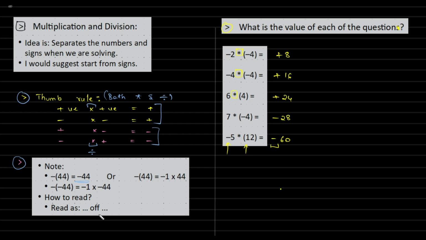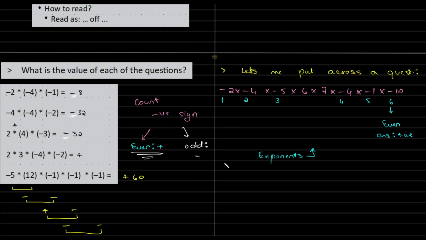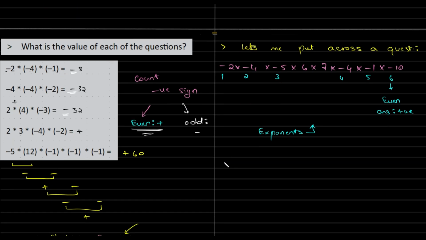Whenever you see brackets, you can read it as "of" in maths in most places, and the asterisk sign over here is multiplication. The main thing is, always multiply or divide the signs first, come to a conclusion about the signs, and then the numbers. And a few sets of problems we did. So I'll see you guys in the next video.